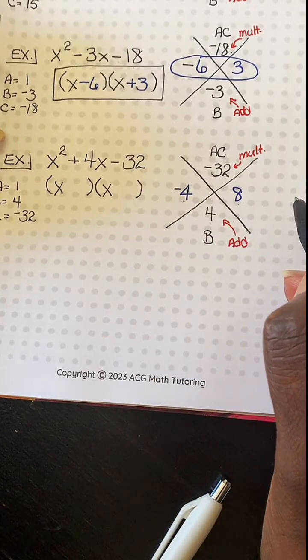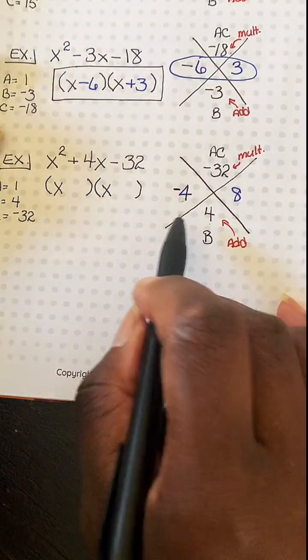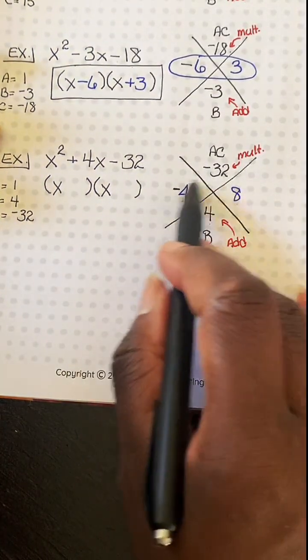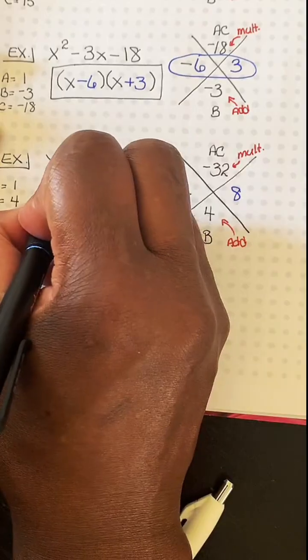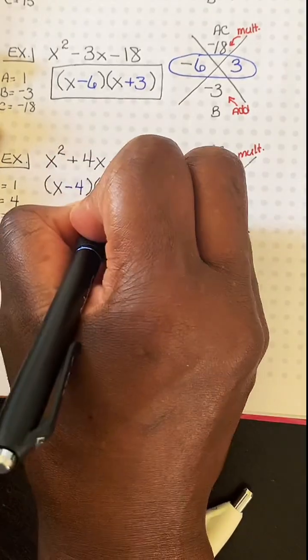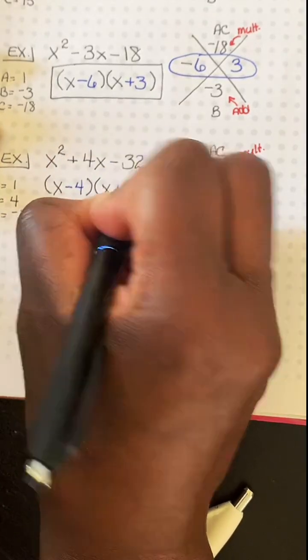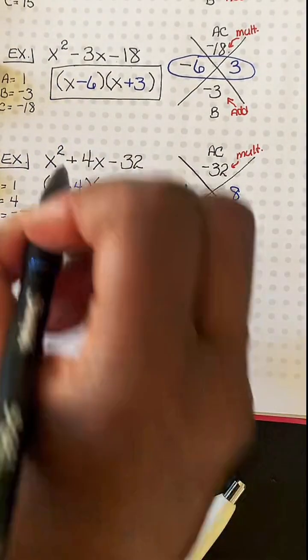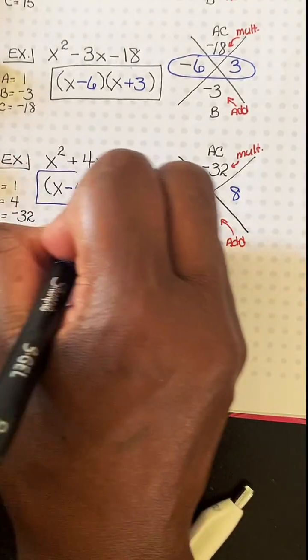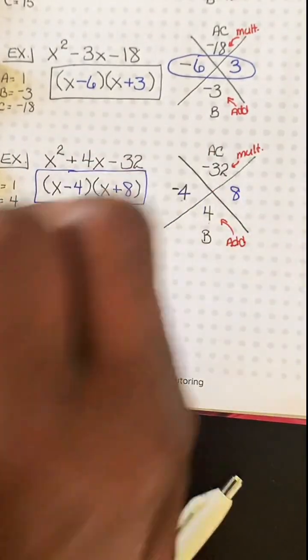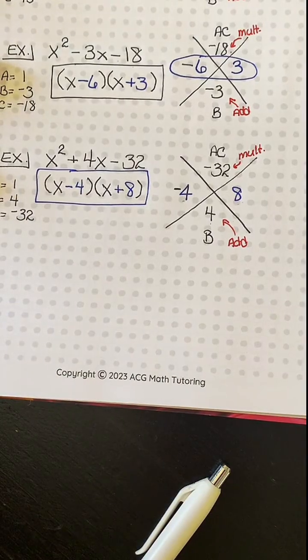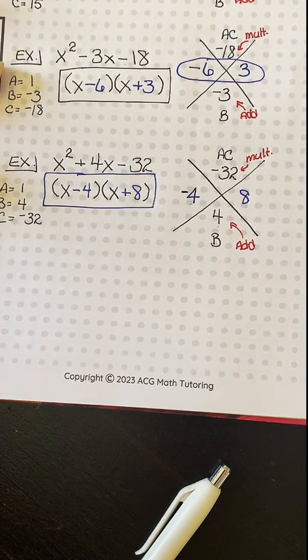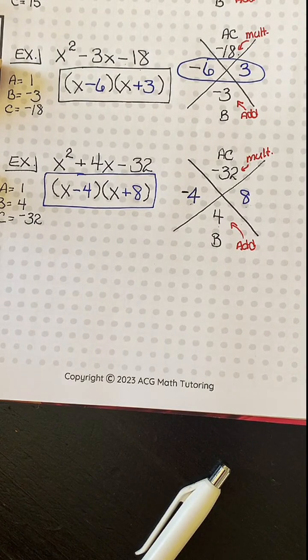That's a good thing. So we're going to take our negative 4 and our 8 and put them in our parentheses. If you wrote x plus 8 first and then x minus 4, that's fine, because remember, multiplication is commutative. Okay, you get it?